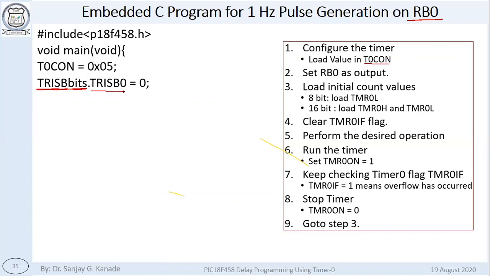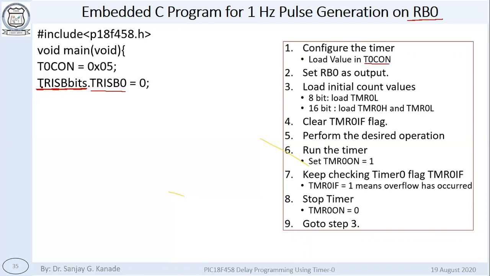TRISB0 is the bit. The syntax of this particular way of accessing bits in the PIC18F is the name of the register followed by bits without any space. The name of the register is in capital letters, bits is in small letters, dot, followed by the name of the bit.